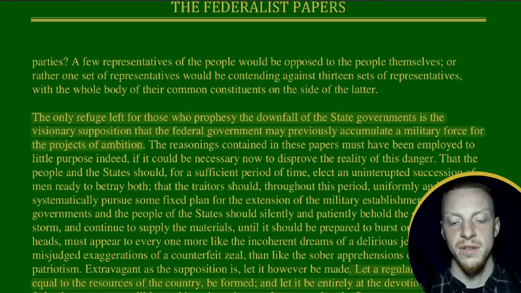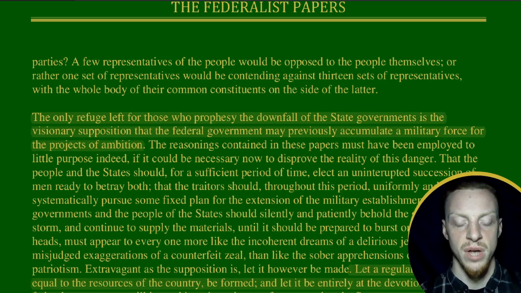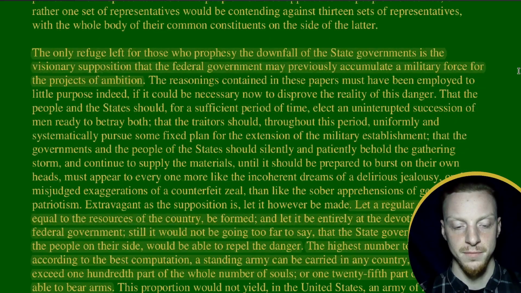A few representatives of the people would be opposed to the people themselves, or rather one set of representatives would be contending against 13 sets of representatives with the whole body of their common constituents on the side of the latter. The only refuge left for those who prophesy the downfall of the state governments is the visionary supposition that the federal government may previously accumulate a military force for the projects of ambition.